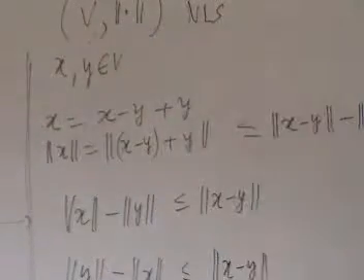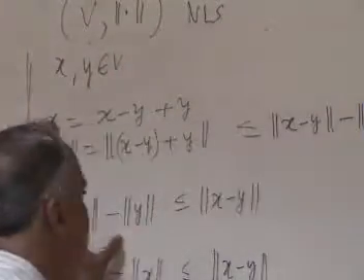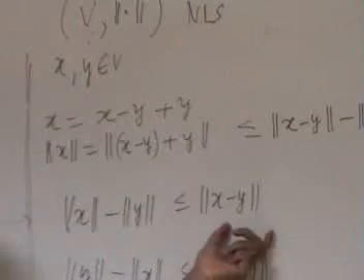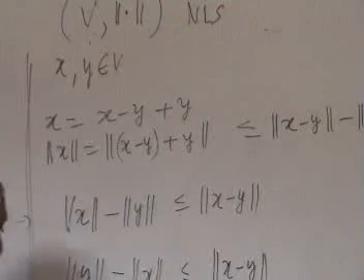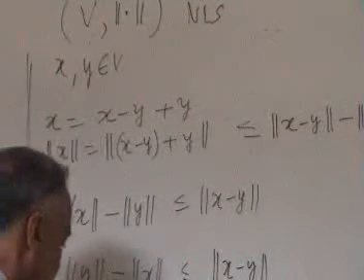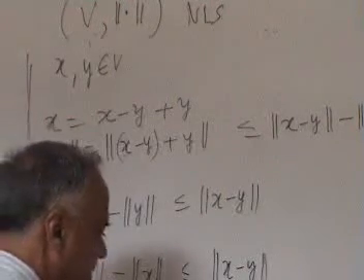Now I am back to the realm of real numbers. Here is a real number which is less than or equal to the real number k, and here is its negative, which is also less than or equal to k, and therefore the absolute value of it is less than or equal to this.